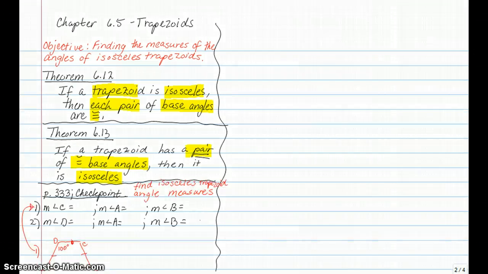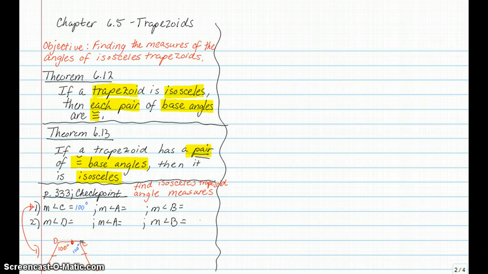In numbers 1 and 2, we're doing page 333 checkpoint activities. We're going to find the isosceles trapezoid angle measures. In number 1, we have the trapezoid ABCD. We know that the measure of angle D is 100 degrees. Theorem 6.12 says if a trapezoid is isosceles, each pair of base angles are congruent. Therefore, angle C is going to be 100 degrees.